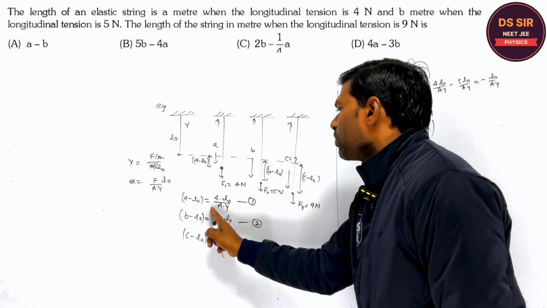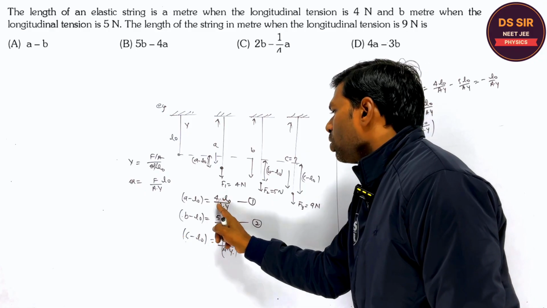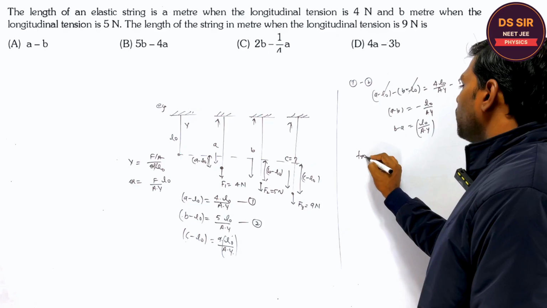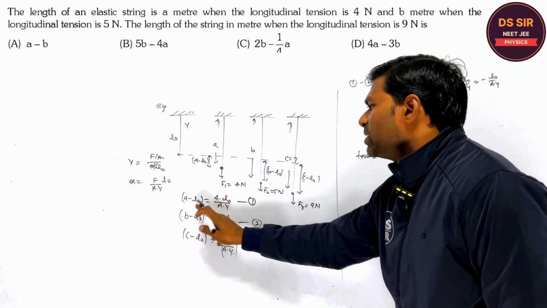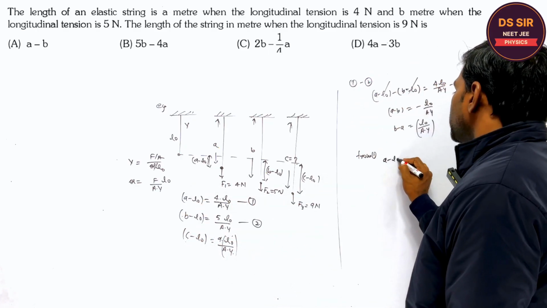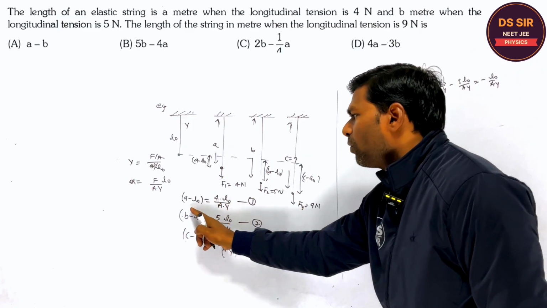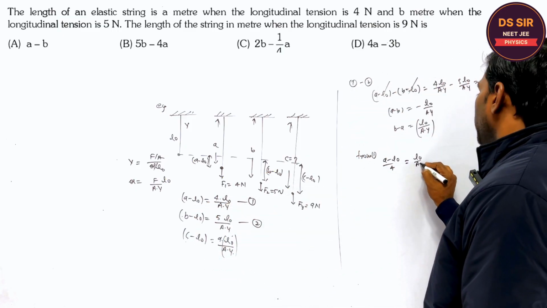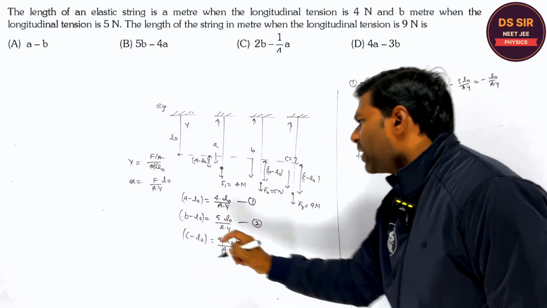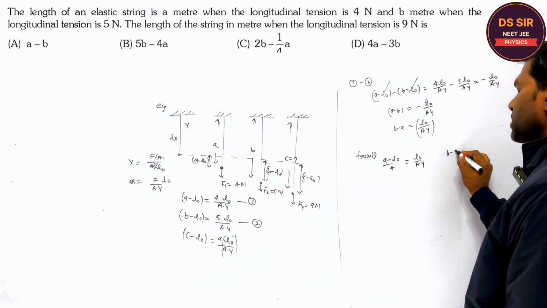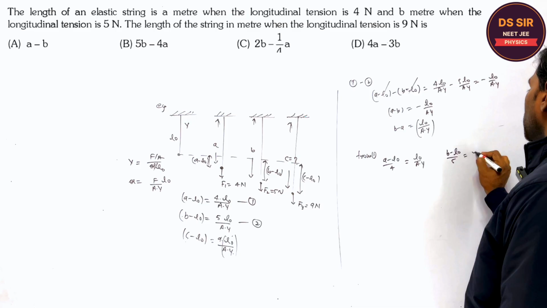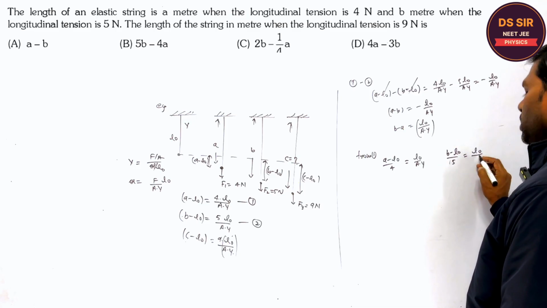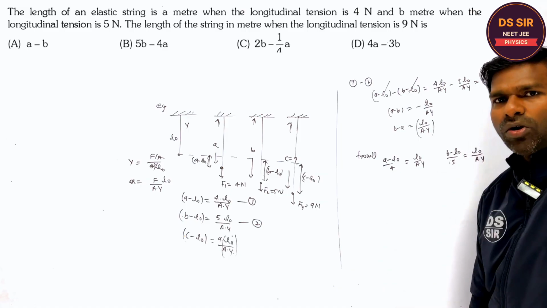From equation 1, L0 upon AY is A minus L0 divided by 4. This 4 comes in the denominator and it is equal to L0 upon AY. If you divide by 5, B minus L0 upon 5 is equal to L0 upon A into Y. Is it clear or not?